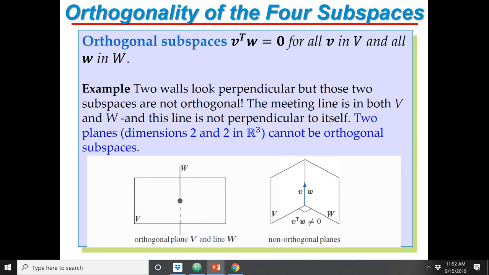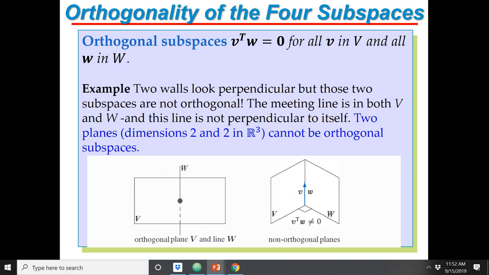So then these two subspaces have to be orthogonal. Well, they are not orthogonal, because the definition of orthogonality says that for any vectors v and w, the inner product has to be 0. If I take a vector v on this line that you see here, belonging to the space V, and I take a vector little w from this space W, on this line, the inner product of v and w is not 0.